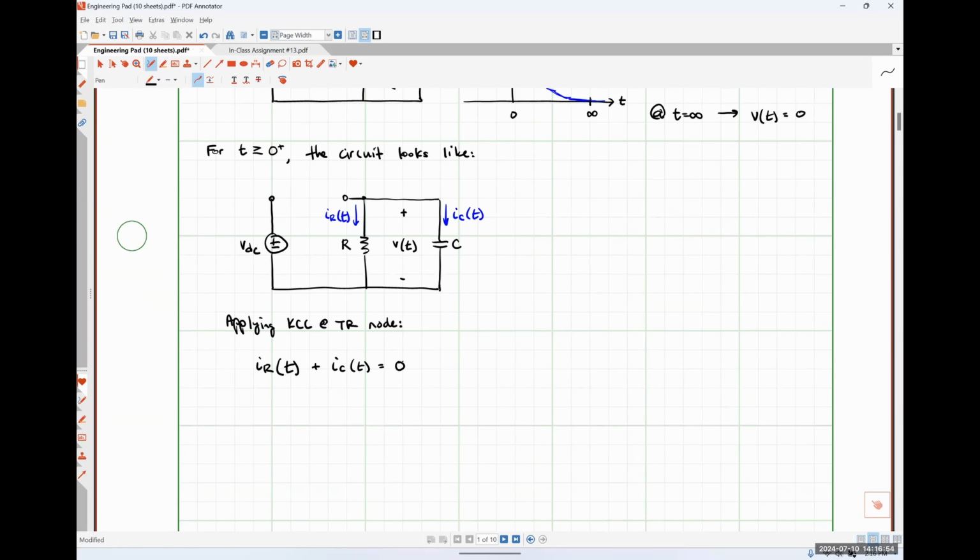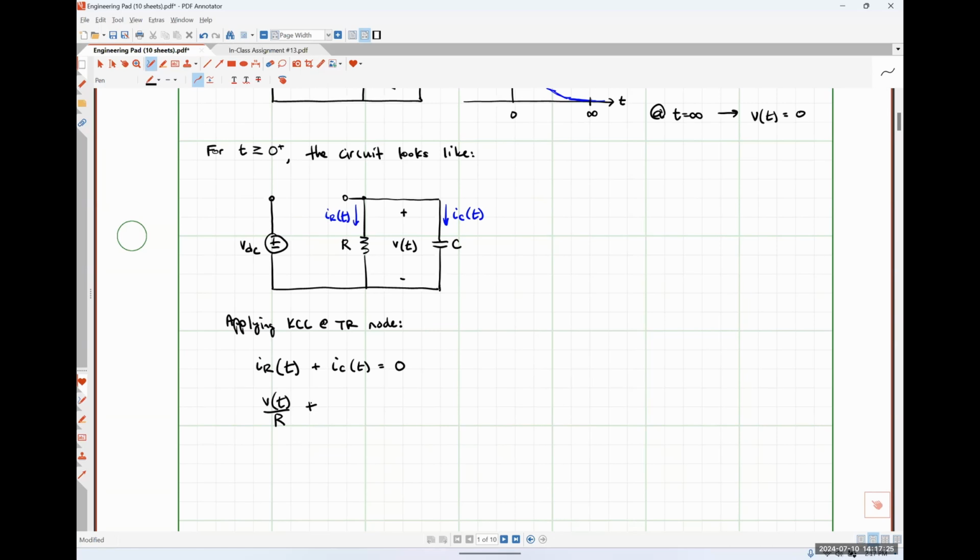Now I can express both of those currents in terms of the voltage V of T that's common to the resistor and the capacitor, right? For the current flowing through the resistor, that's simply Ohm's law, so we're going to have V of T divided by R. And for the current flowing through the capacitor, we're going to use our derivative-based relationship.